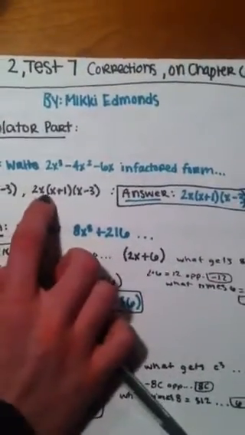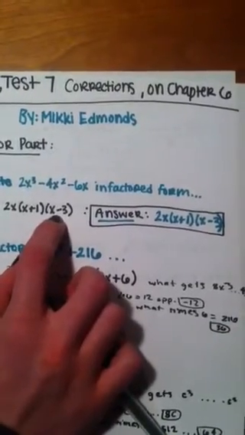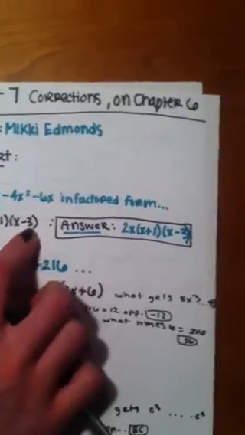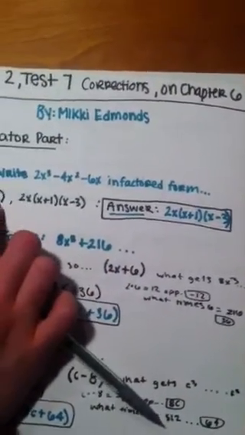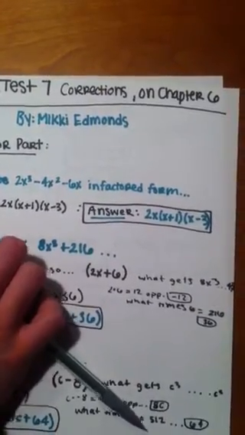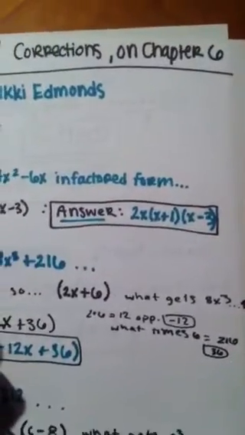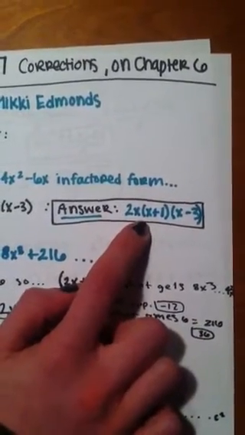So I have 2x times x plus 1 times x minus 3. And I got that because I had to find something that multiplied to negative 3, which is only negative 3 and 1. And then negative 3 and 1 is also added together to get negative 2. So that is my answer, 2x times x plus 1 times x minus 3.